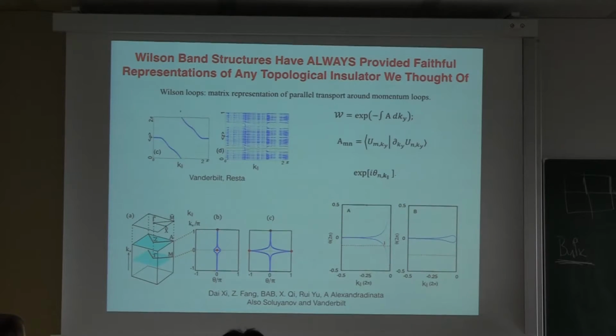To start off, I'd like to introduce the concept of Wilson loops. The reason why they're interesting is that they allow you to look at the surface without actually cutting the material.